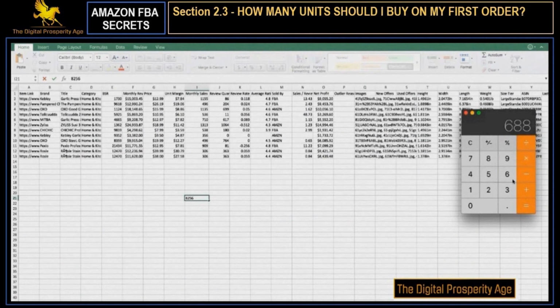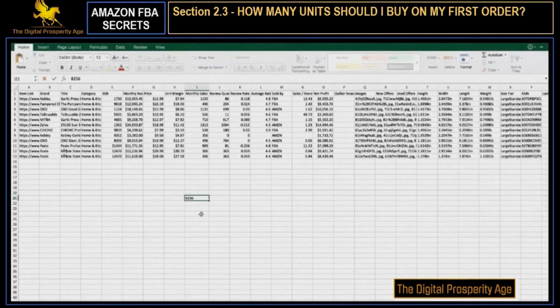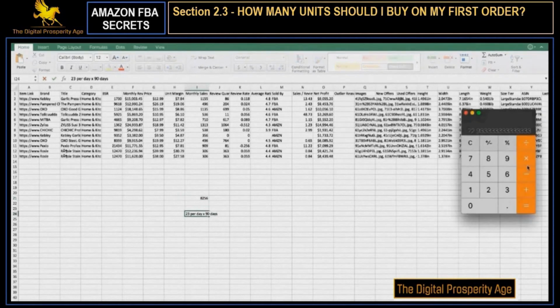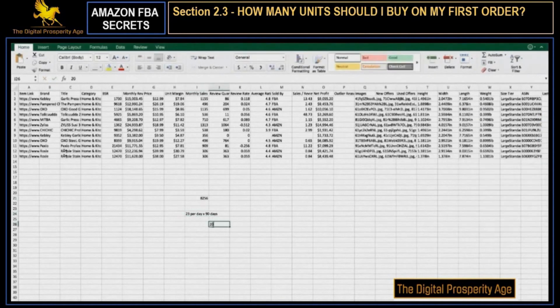And if we do that divided by 30 days, you see it's 23 units, right? So 23 units per day times 90 days is 2,064. So it's 2,064 versus the original calculation of 2,700.